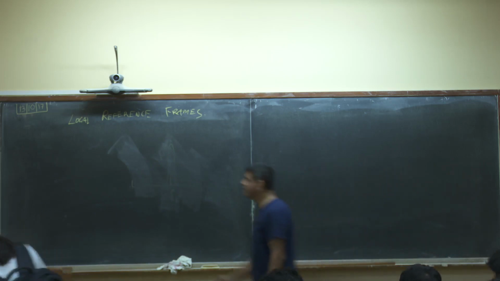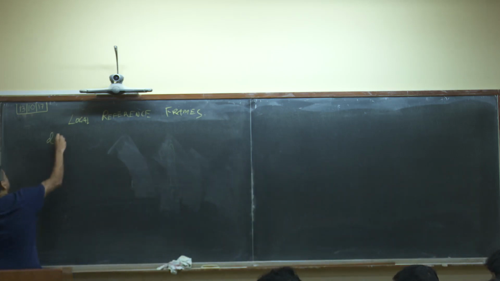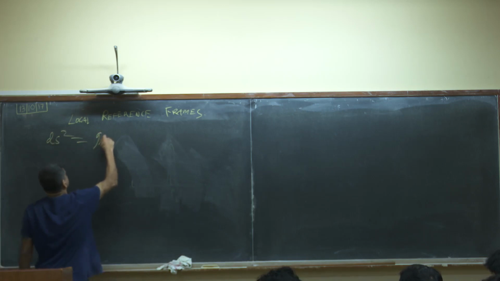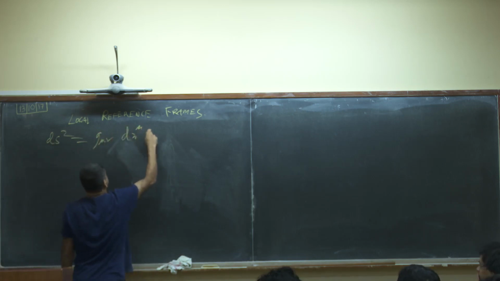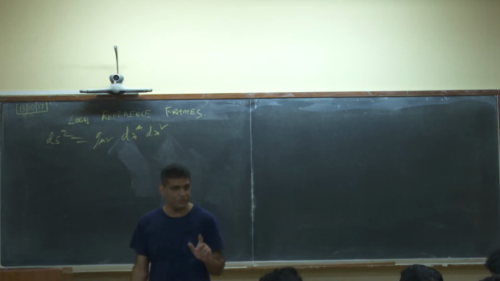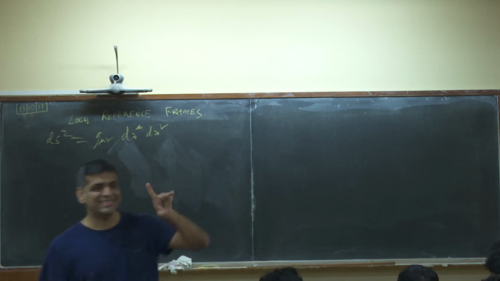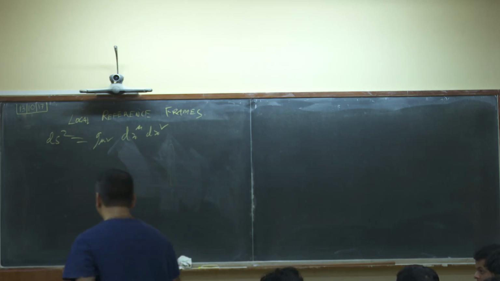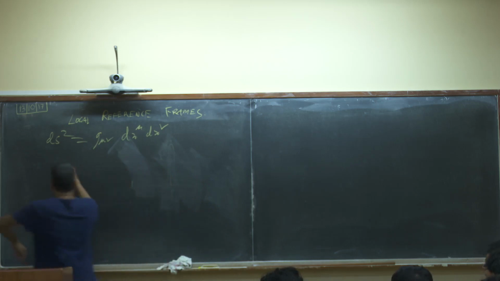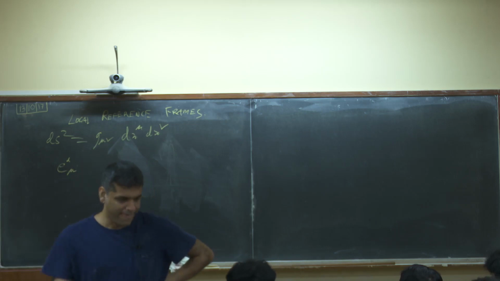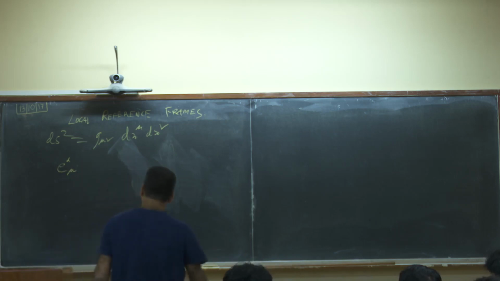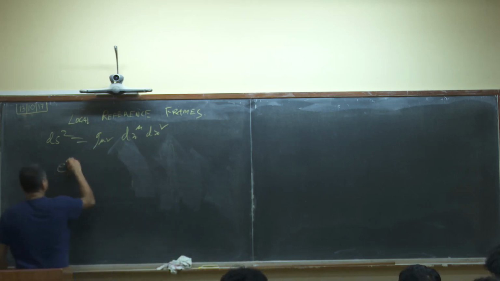Mathematically, what we're going to do, given a space-time, is to choose a set of vectors, E A mu.